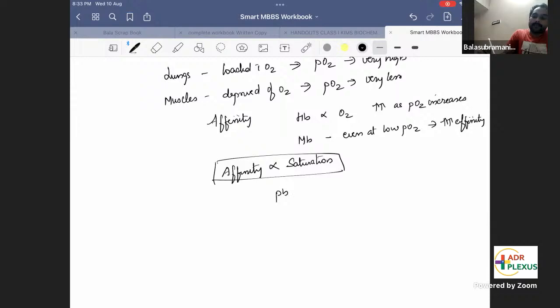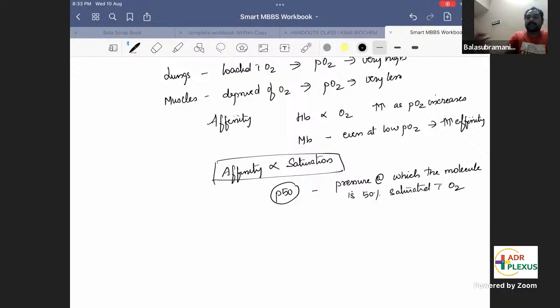With this backdrop, let me bring in a terminology called P50. P50 means the pressure at which the molecule is 50% saturated with oxygen.